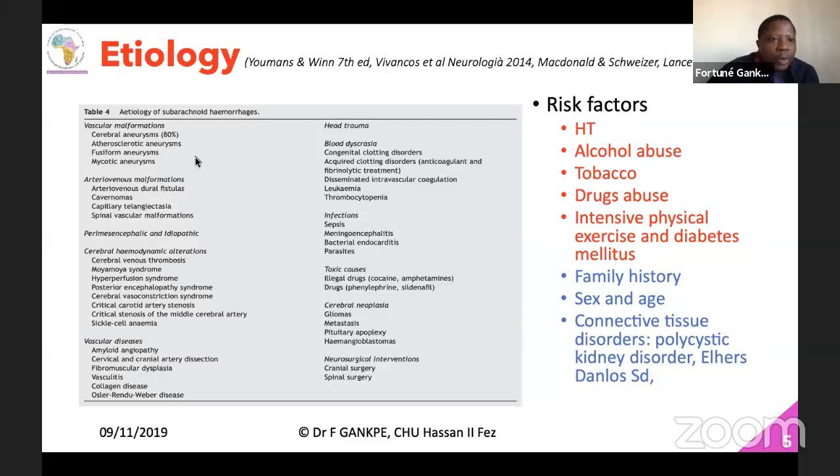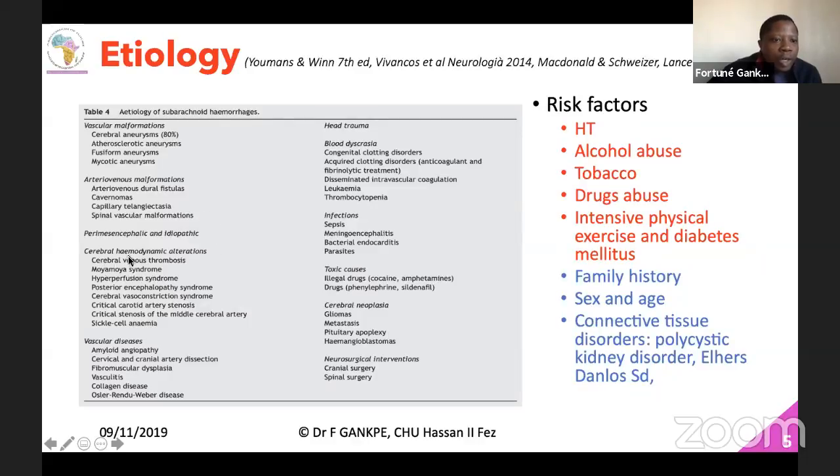We have the group of vascular malformations, including cerebral aneurysm, accounting for 80%, fusiform aneurysm, mycotic aneurysm, arteriovenous malformation, and the group of perimesencephalic and idiopathic conditions.